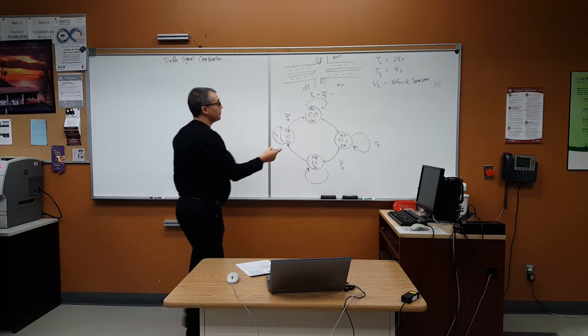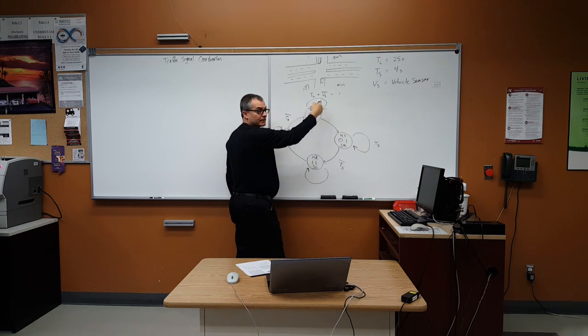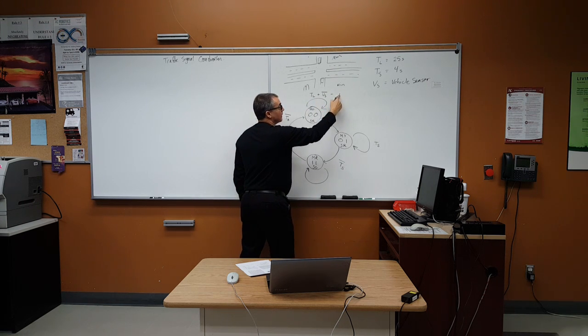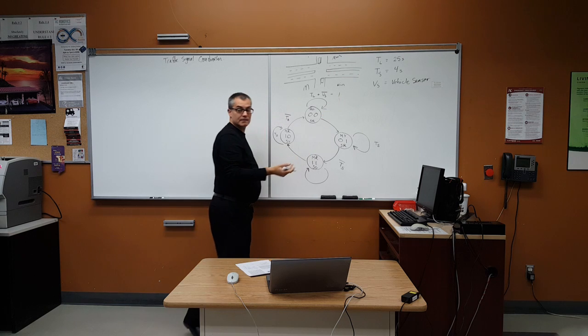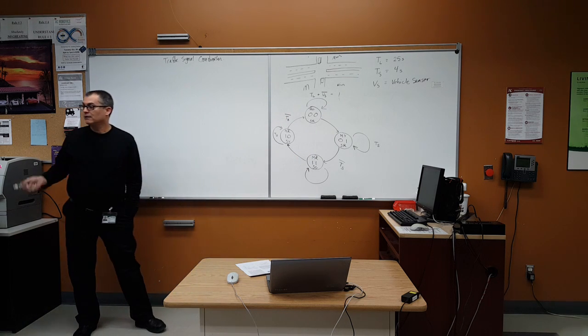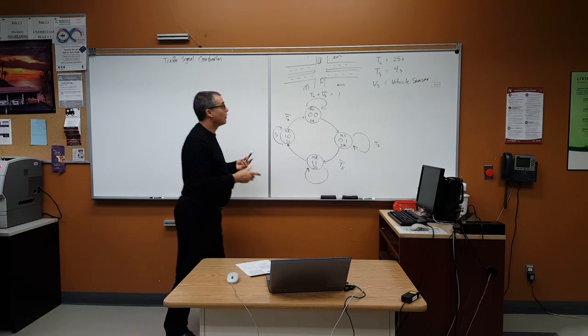So if my timer is still counting, then this is going to be 1, and I'm going to stay in the current state, right? If there's no vehicle on the sensor, VS not will be 1, which means this will be 1, and I'm going to stay in the current state. So that's how you stay in the current state all night, right?